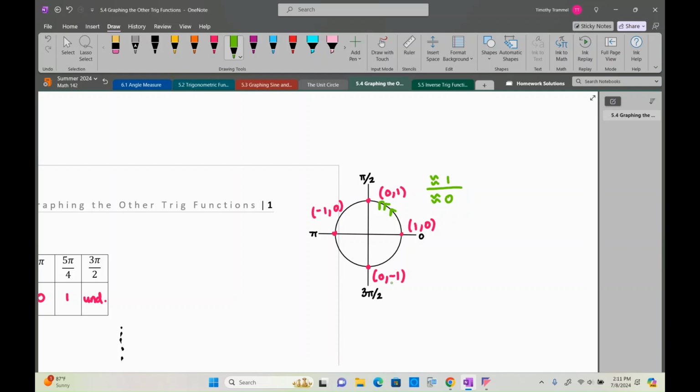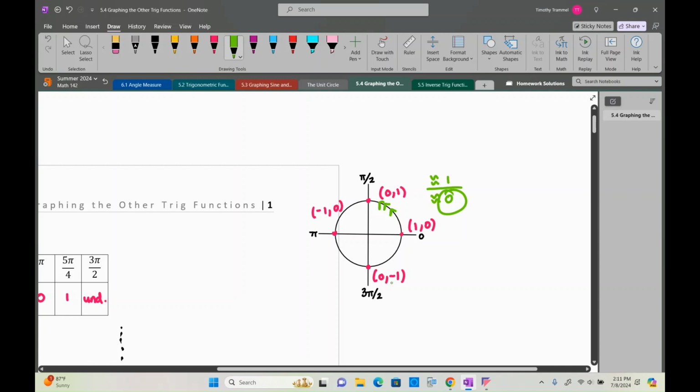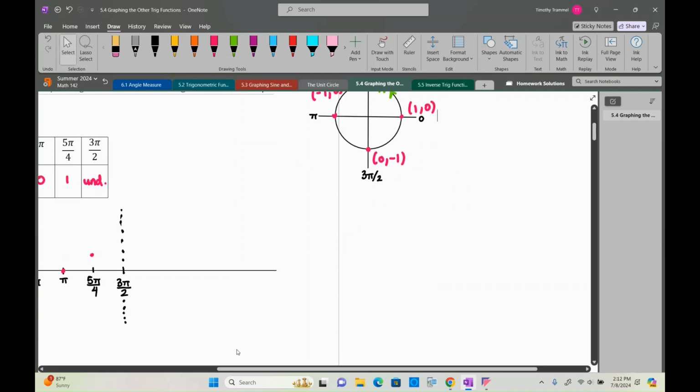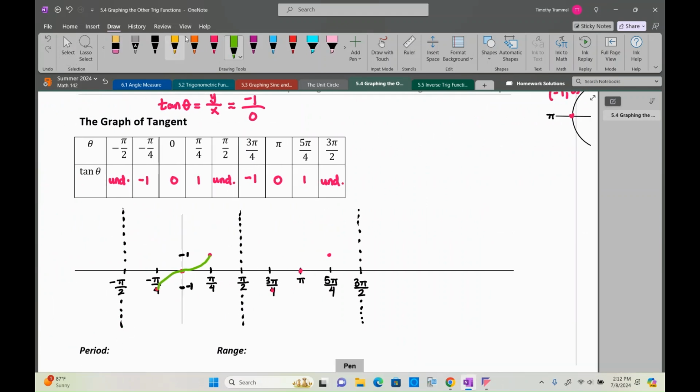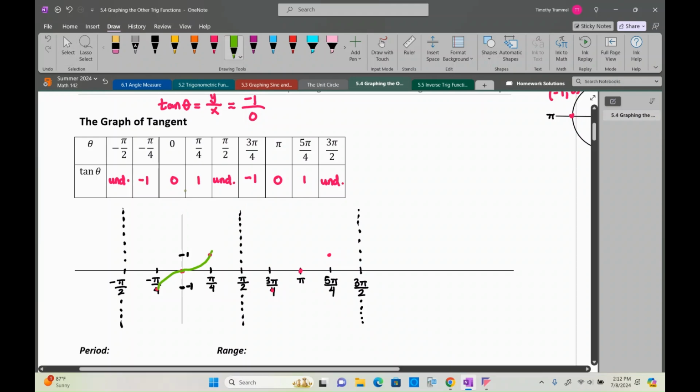Okay. And in fact, the closer we get to pi over 2 here, the closer this gets to 0, making the numbers closer and closer. Well, it's going to mean that those outputs are going to go off to infinity. Okay. So when we go to look at our graph over here, at these asymptotes, what's happening is it should look something like this.